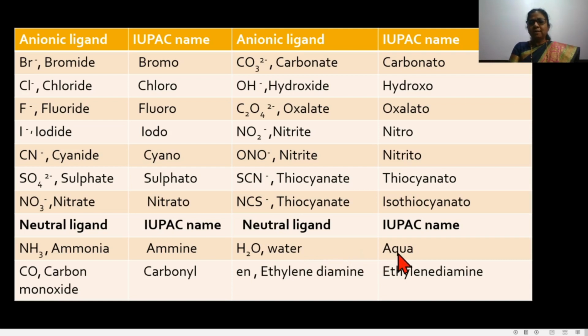Ethylenediamine is used in the IUPAC name as ethylenediamine. In this way, these are the names of anionic and neutral ligands used in IUPAC names. We should remember all these names for naming coordination complexes.